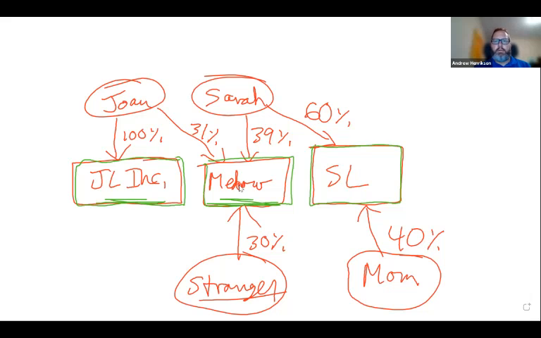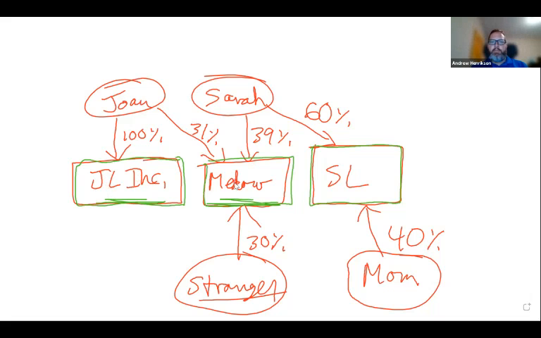Now, the same concept applies with the other companies. So SL and Meadow are also associated under D. So Sarah owns 60% of SL, so Sarah controls SL. And she's a member of that same group, Sarah and Joan, that own the 70 of Meadow. And we have the cross ownership of more than 25% of the shares.